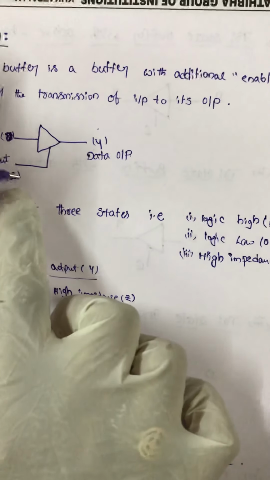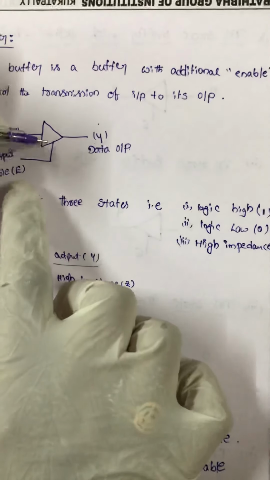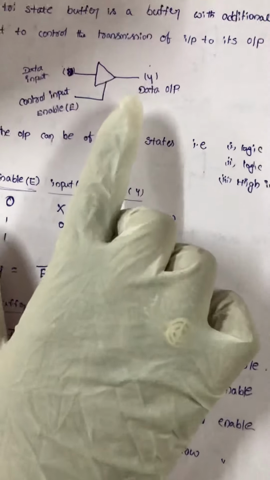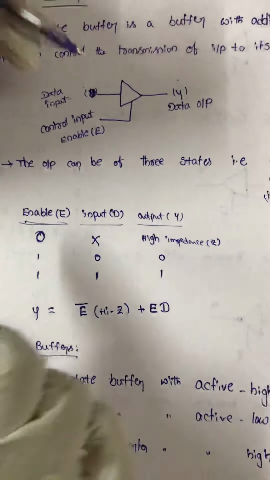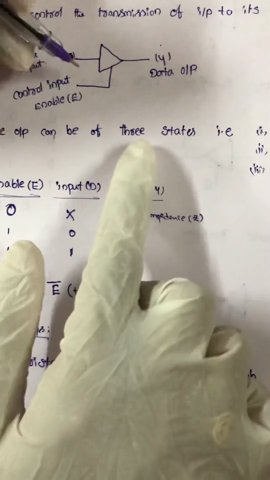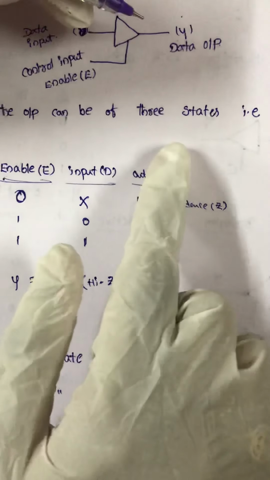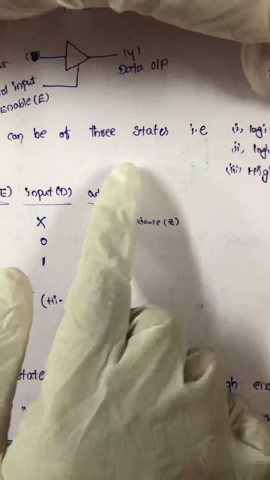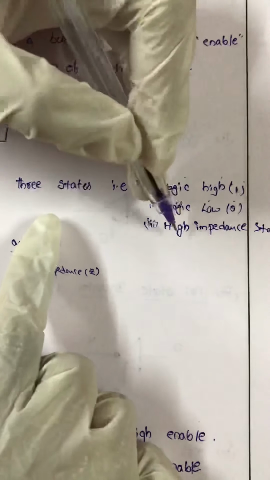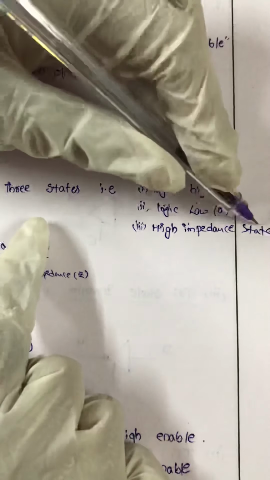Enable is represented by E. So this is the third external input in the tri-state buffer. In this tri-state buffer, we can differentiate the output into 3 states: logic high means 1, logic low means 0, and the third one is the high impedance state.